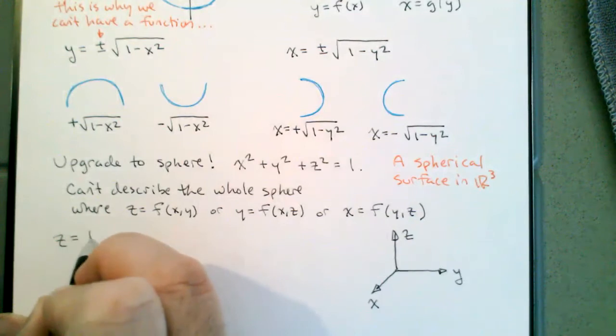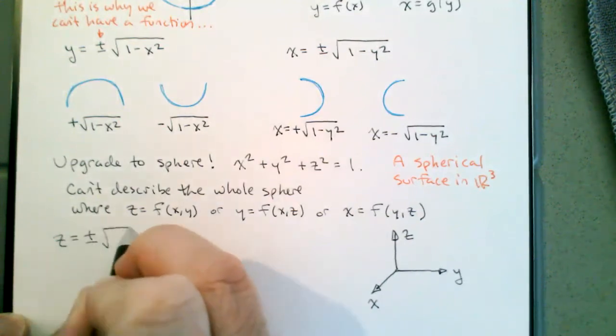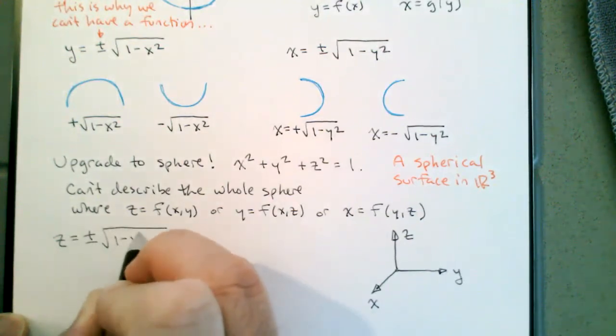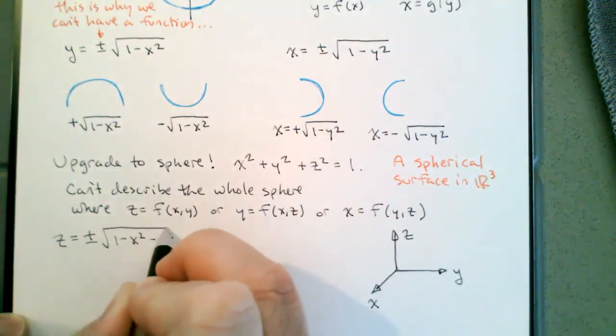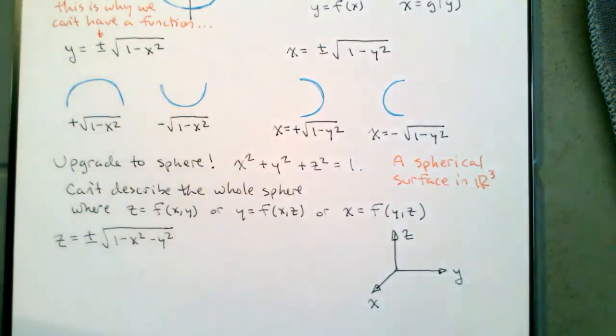I'll have z is equal to plus or minus the square root of 1 minus x squared minus y squared. The plus or minus means we're not dealing with a function, because we get 2 outputs for any input x and y, one above the xy plane and one below the xy plane. And so the 2 functions here are the top and the bottom halves of the sphere.